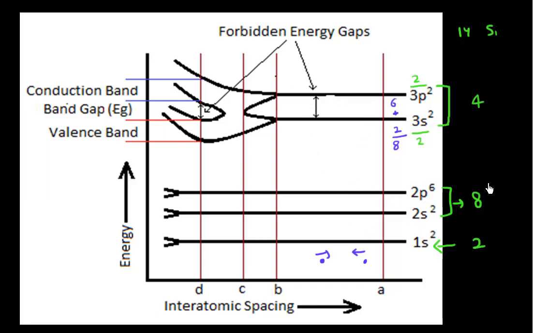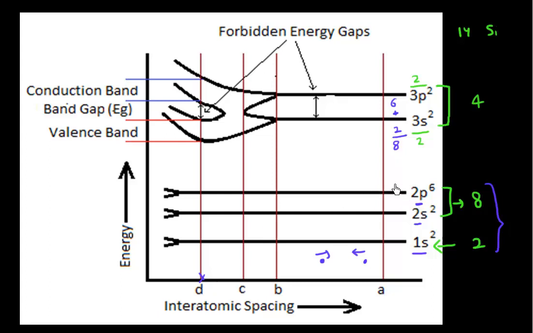If we look at electrons located in shell number 1 or shell number 2, there's not much change when you bring them closer, even to the distance of your lattice.